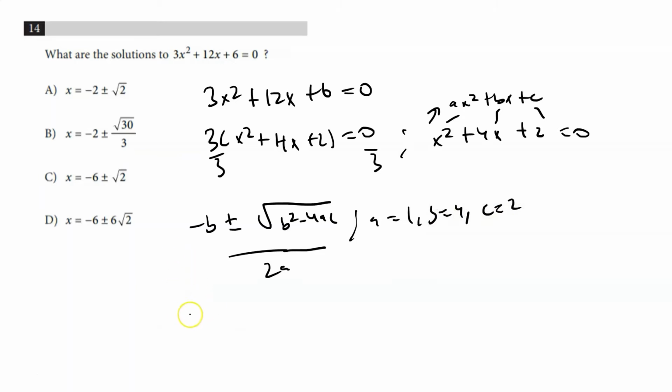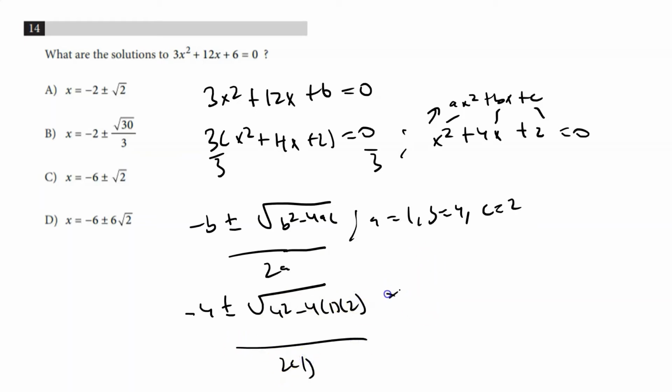If we rewrite this, we have that negative 4 plus or minus the square root of 4 squared minus 4 times a times c, so times 1 times 2, all over 2 times 1, which is just 2. If we simplify this, that's negative 4 plus or minus 16 minus 4 times 1 times 2, which is 8, all over 2.